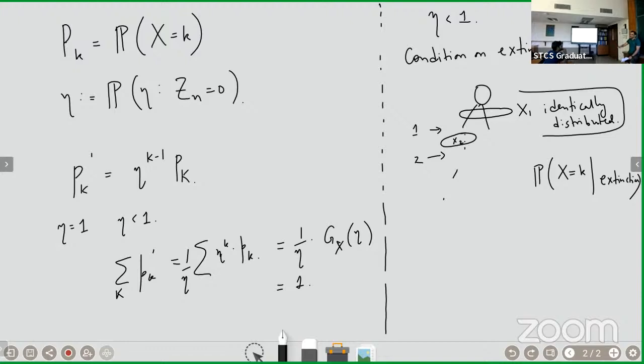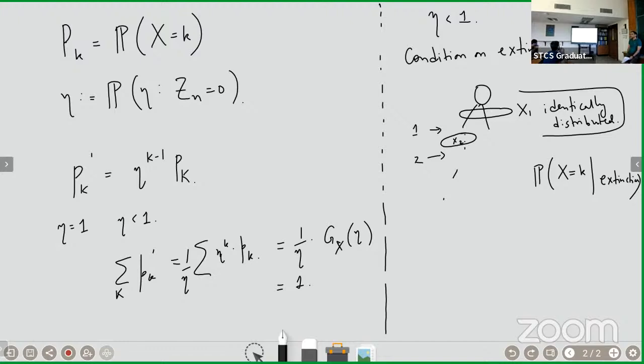Or rather, it cannot increase. Either of them is fine. For k equal to 0, it should increase.